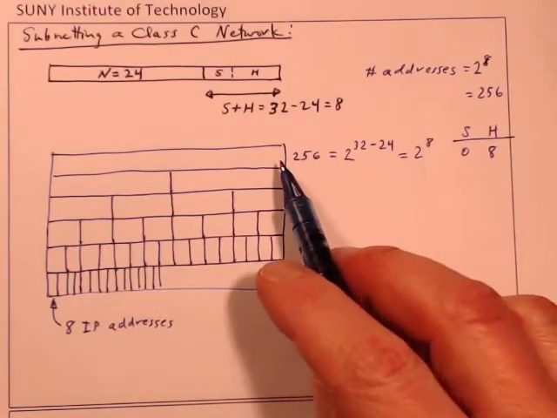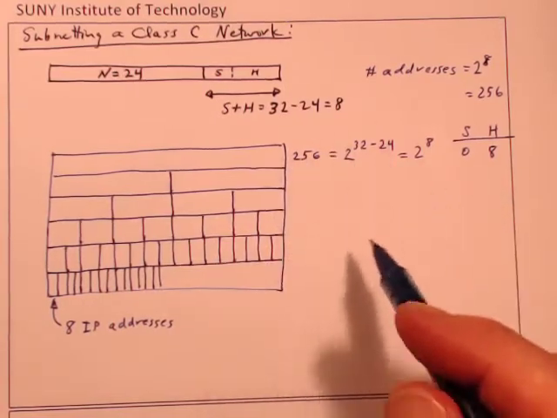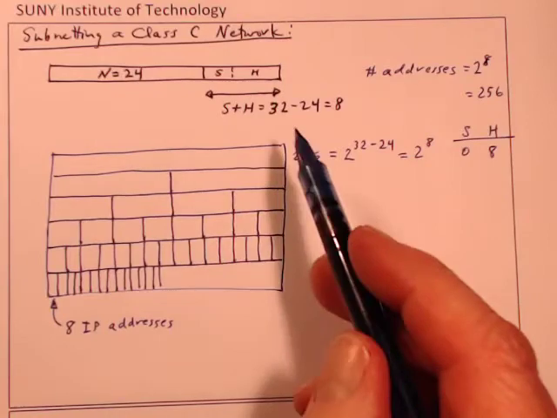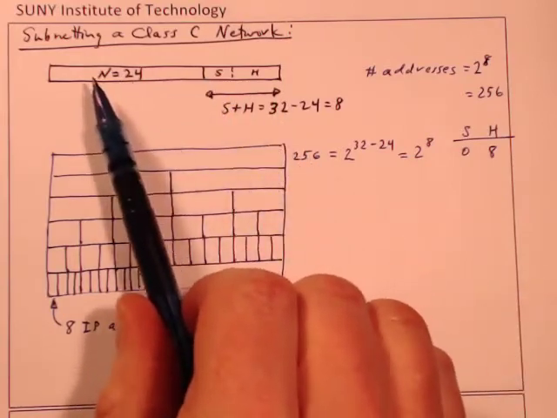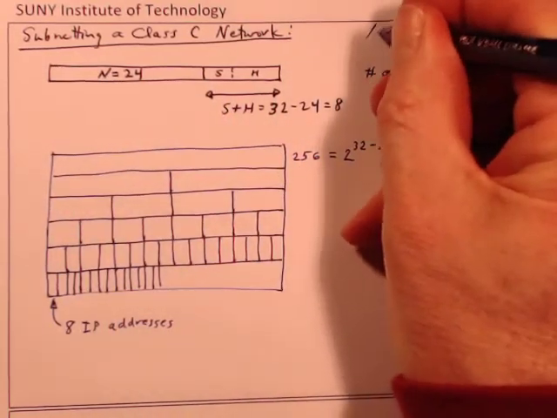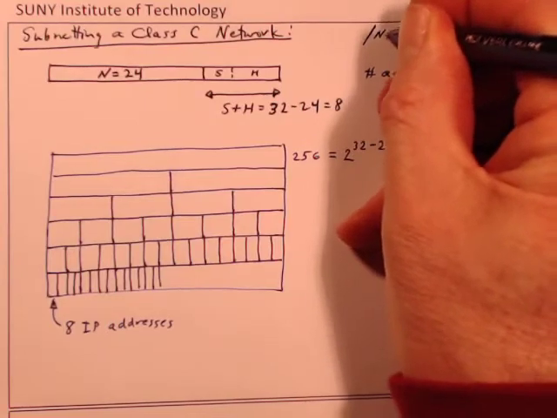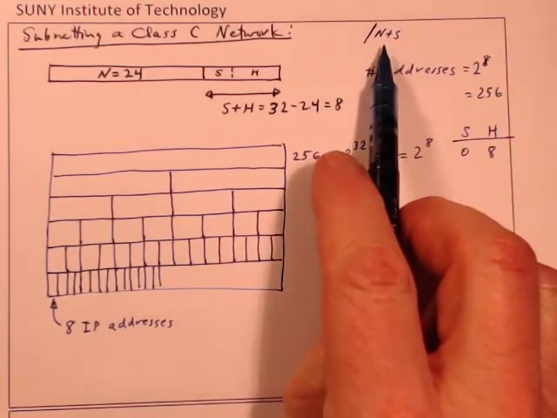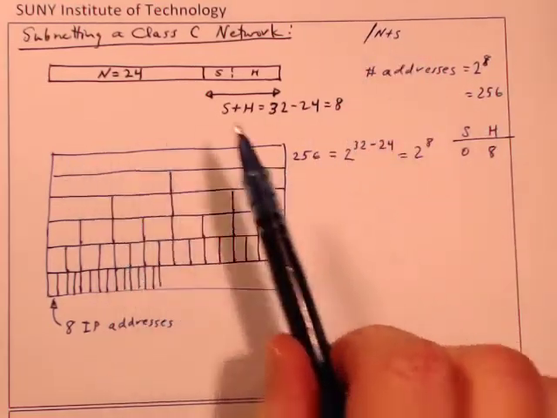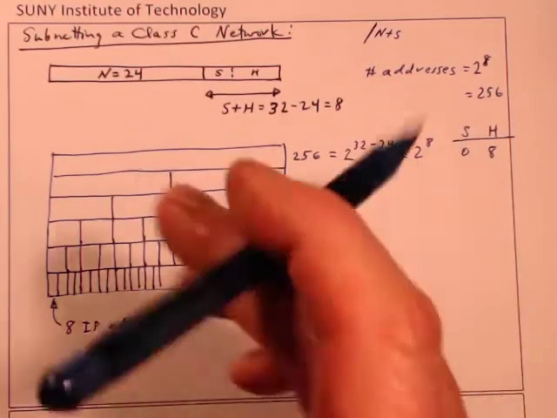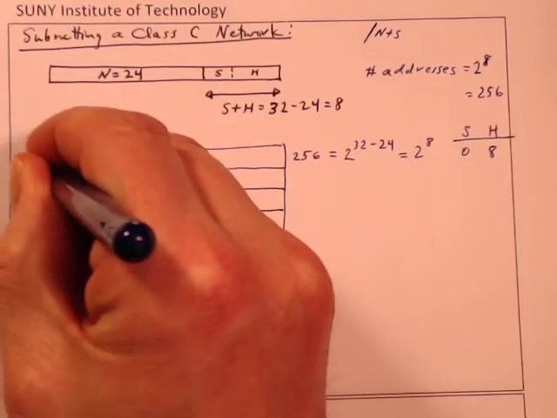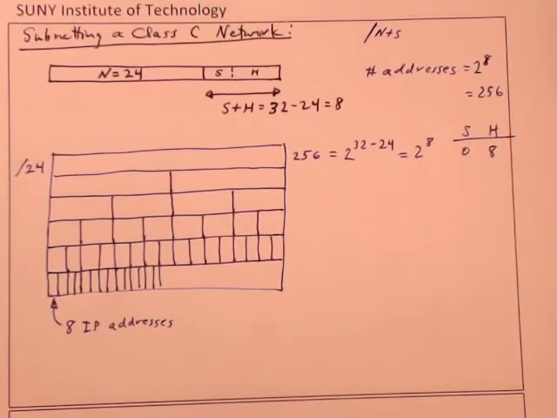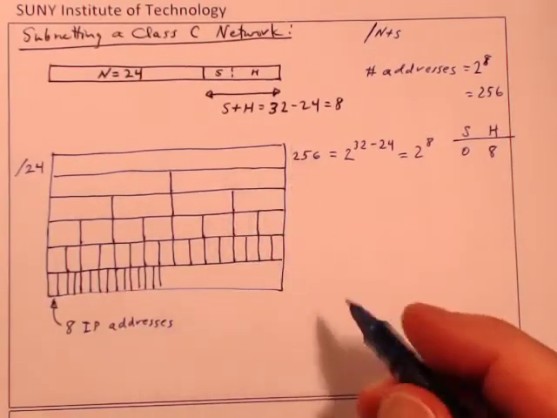Okay? And as you know, we use the slash notation, and we have a slash, and then n plus s is the value we put after the slash. And here, n is 24 and s is 0, so this is a slash 24. Okay, so we haven't subnetted that Class C at all.